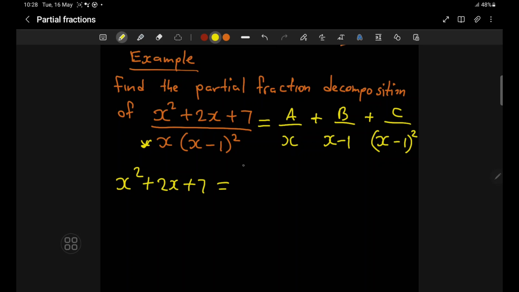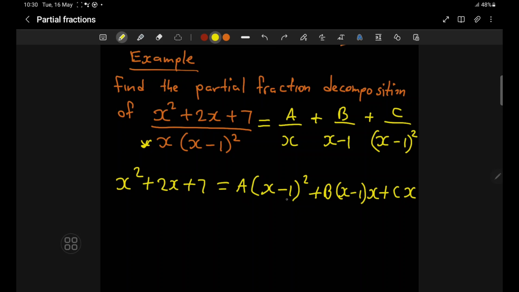So a will multiply with x minus 1 squared, plus for b will multiply with x and x minus 1. So we'll have b multiplying x minus 1 and x, plus c will just multiply with x. So we'll just have cx.